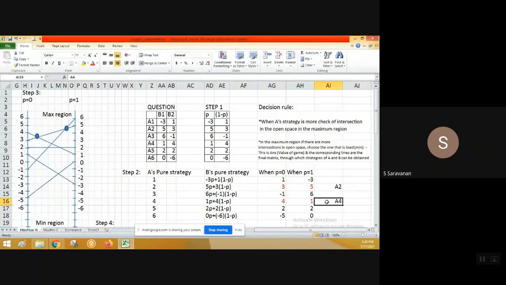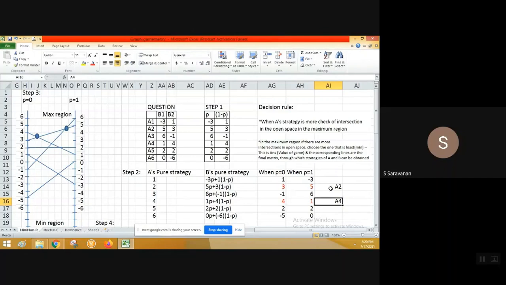Now A is having two strategies and B is having two strategies. In the maximum region, the open space, there are two intersections. Of the two intersections, you have to choose the one that is minimum. The minimum one is this one on the left, which is made of the points 4, 1 and 3, 5.